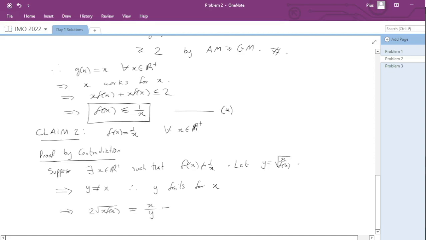So we're going to just simplify this in a straight line. There are going to be three major parts to this: y f of x is equal to 2. So greater than 2, because y fails for x, we have that strict inequality there, and then this second equality is coming from star applied to y.